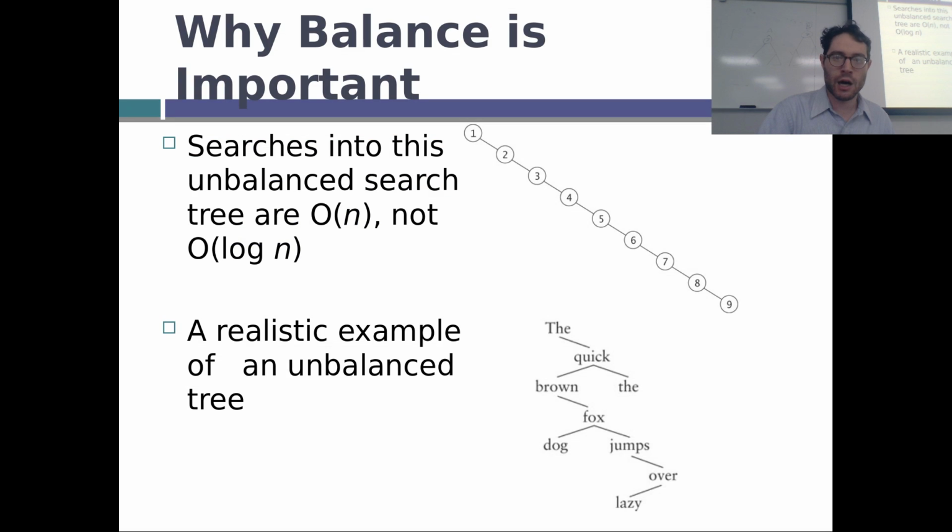So these are some examples you might see of an unbalanced tree with the tree that I've written. This is where if I added the numbers 1 through 9 in order, you'd get a tree that looks like this. It's more of a linked list. A realistic thing might be like this, where if I inserted the words the quick brown fox jumps over the lazy dog.